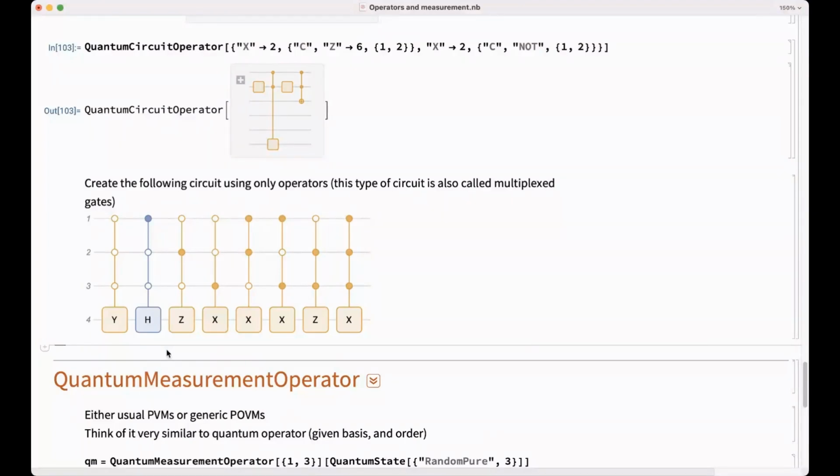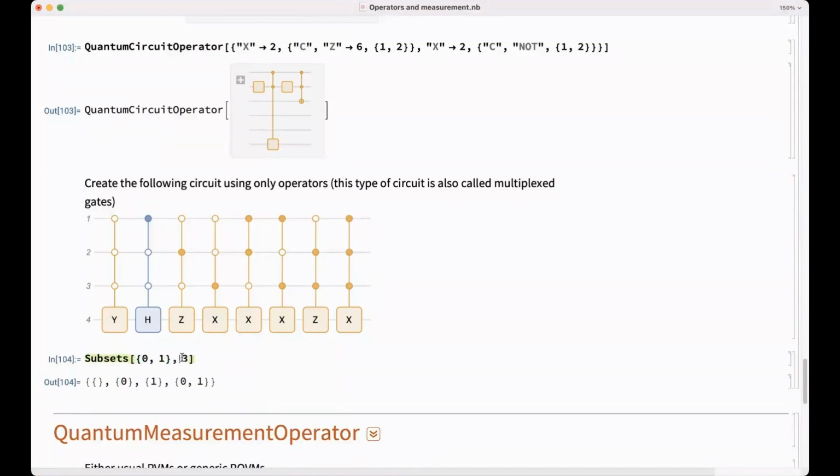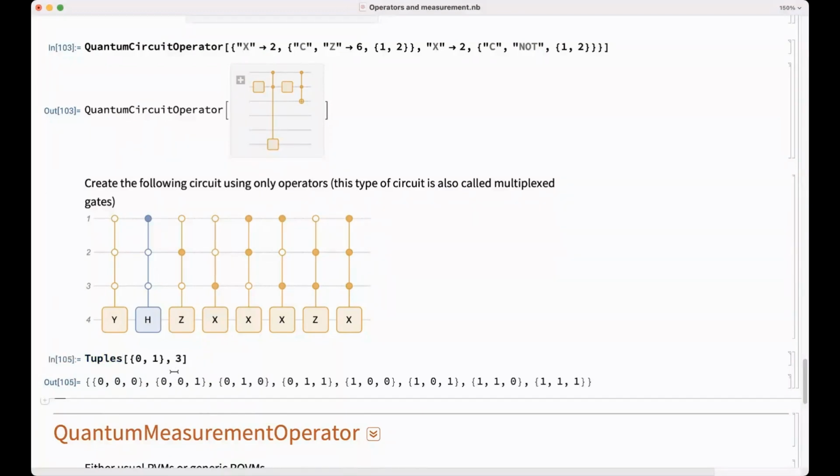This is all the subsets of 0 and 1, not sublists, tuples. So this is exactly the same order as you see there. Yeah, that's already correct.